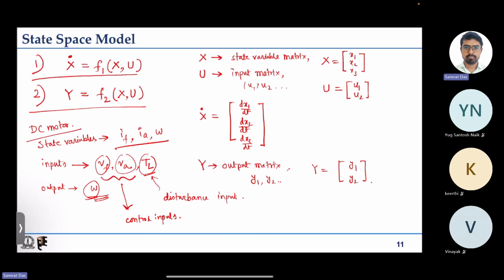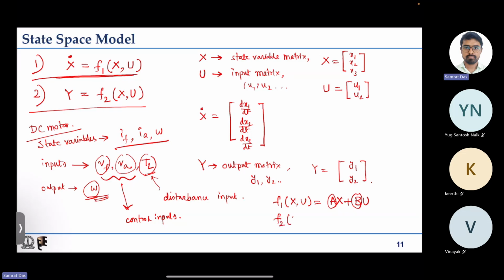What I am saying is that for these equations, f1 as a function of x and u may be separated for certain cases, and can be written in this form: some matrix A into x plus some matrix B into u, where A and B are matrices.